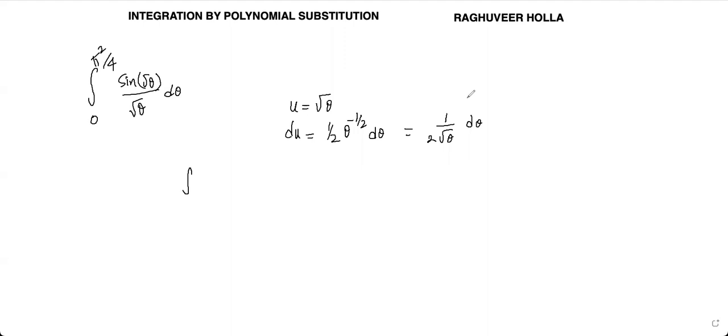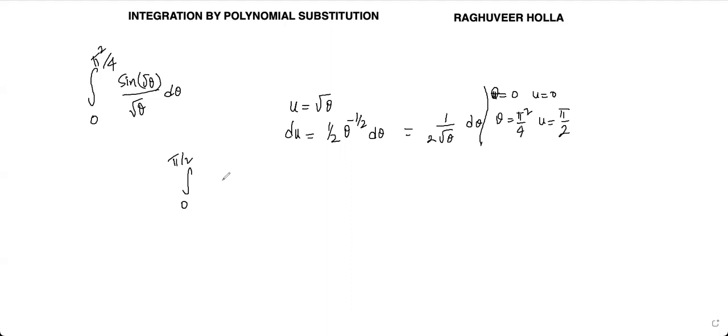When theta is 0, u is 0, right? When theta is pi square by 4, u will be root of theta, which is pi by 2. Okay, so this is 0 to pi by 2.